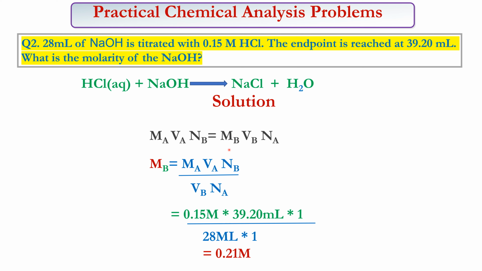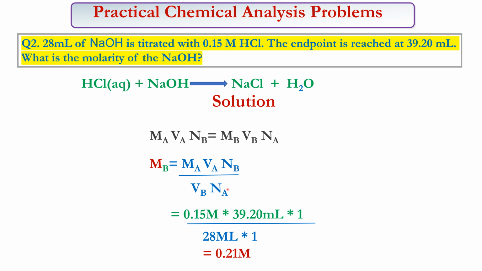And to do that, we divide both sides of the equation by VbNa so that this Mb can stand alone. So if we do that, we will get that Mb is equal to MaVaNb divided by VbNa.